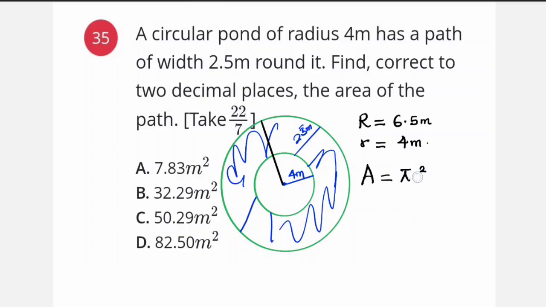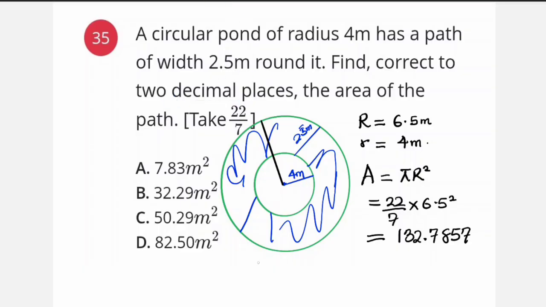The bigger circle will now be represented by capital R. So our pi given as 22 over 7 multiplied by the radius 6.5, that'll be 6.5 all square. By calculation, using calculator, 6.5 squared times 22 divided by 7 is giving us 132.785. Now we have to write it in two decimal places, so let's leave it like this first.